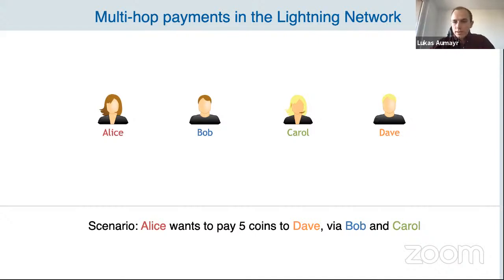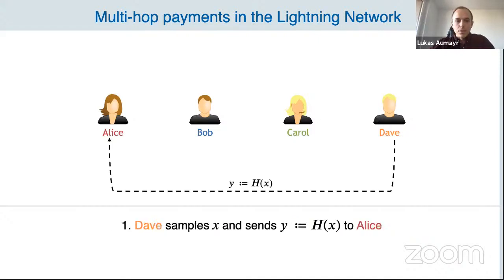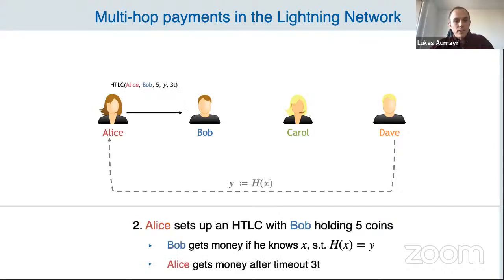So what they do is Dave samples a random pre-image X and sends Y, which is the hash of X, to Alice. Now Alice goes ahead and sets up an HTLC, or hash time lock contract, with Bob, holding 5 of Alice's coins.